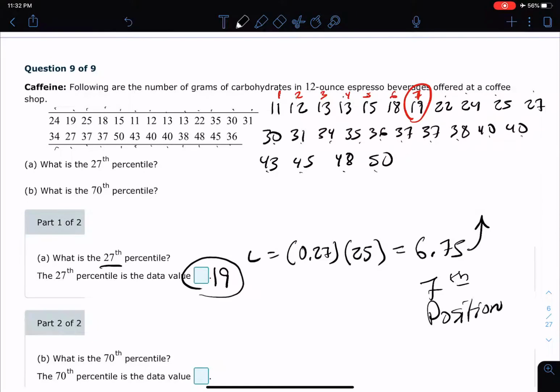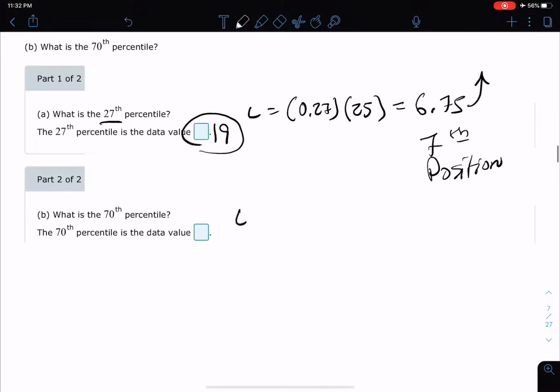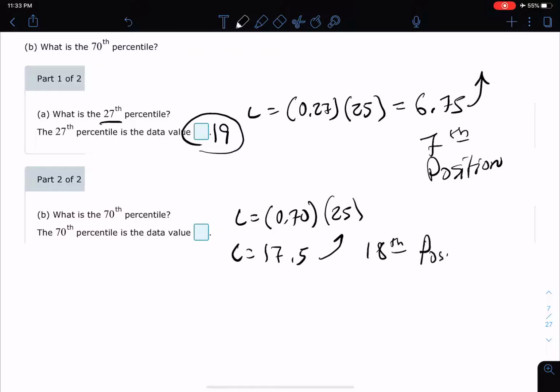Let's do it again, except we're doing the 70th percentile. This is 0.70, or just 0.7, which is the same thing. With 25 data points, we multiply that, and we get 17.5. Because it's a decimal, we round it up to 18, and it's the 18th position we're interested in.